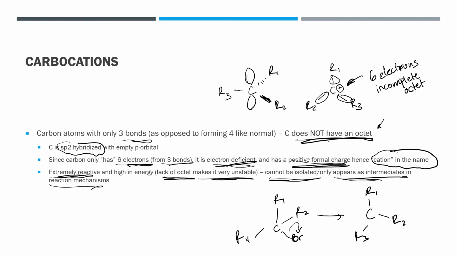And we know that this actually forms because through experimentation, we observe these mechanisms, and these mechanisms show that a carbocation is formed and then something else reacts with the carbocation. So I just want to make it clear that you cannot isolate a carbocation. You can't have a beaker full of a carbocation. It's way too high in energy and it's way too reactive.